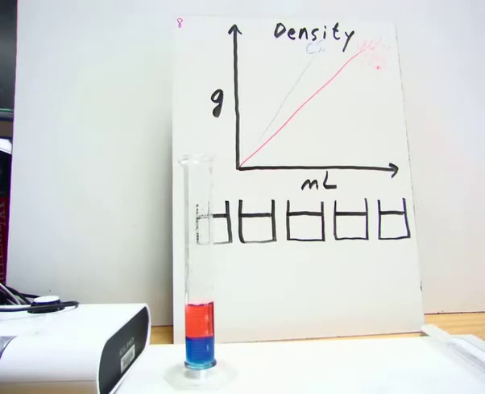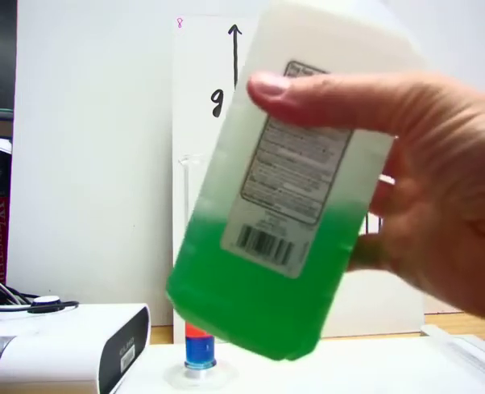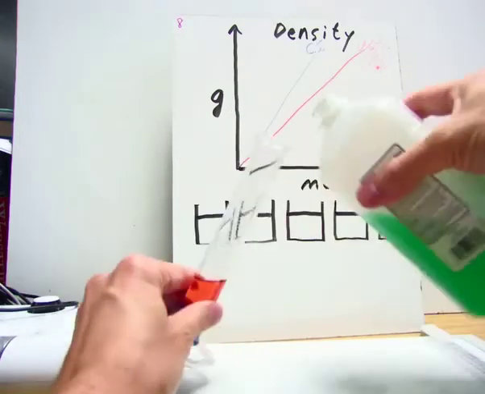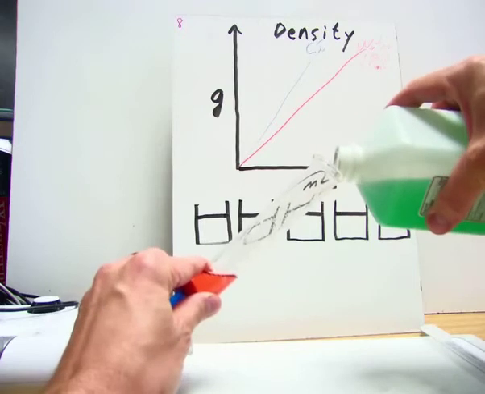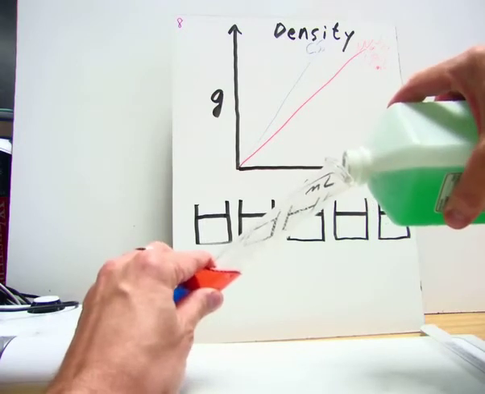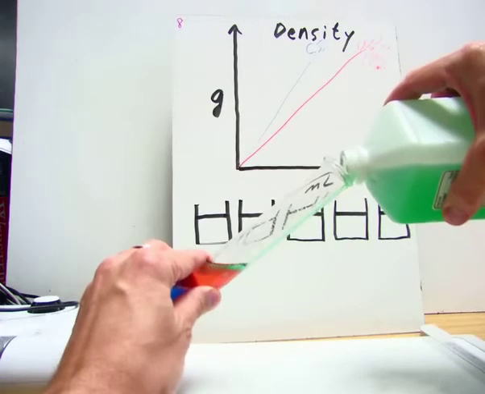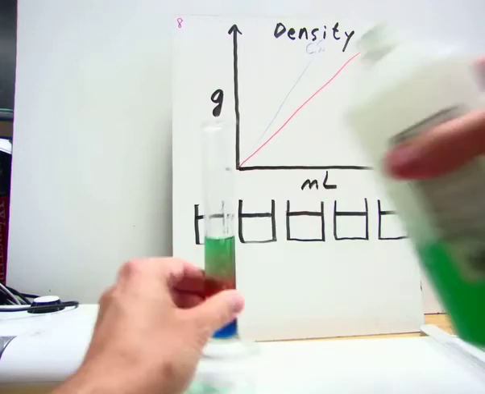And we can try other things, like a little bit of methanol here, rubbing alcohol, colored green just to make it stand out. Try not to mix it too much in here, because water and alcohol will mix together.